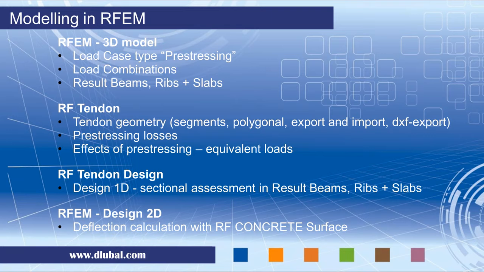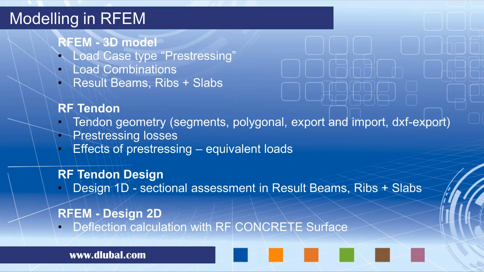Then, of course, once you have designed these 1D fictive members, you get some non-pre-stressed reinforcement as an additional reinforcement which has to be put into the slab. And you can also use the functionality of this external module, which puts the results, or I would say the equivalent loads, back into RFEM as upward loads.